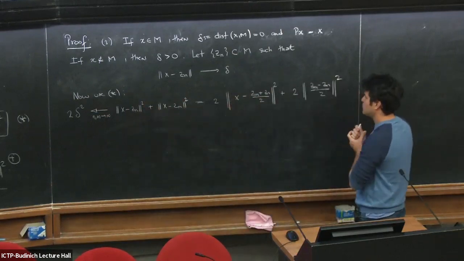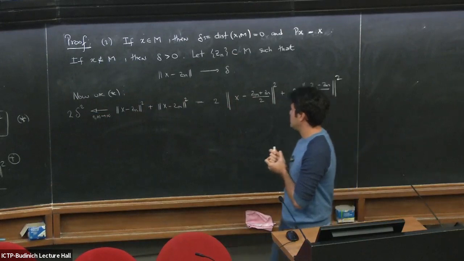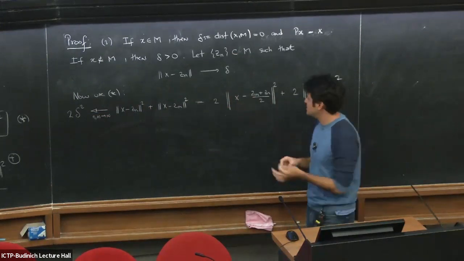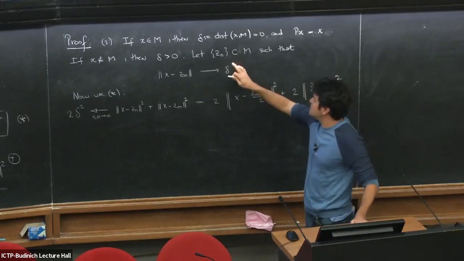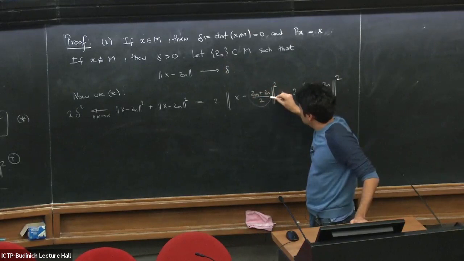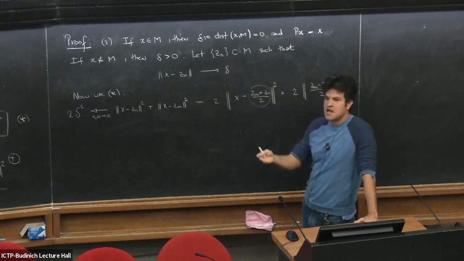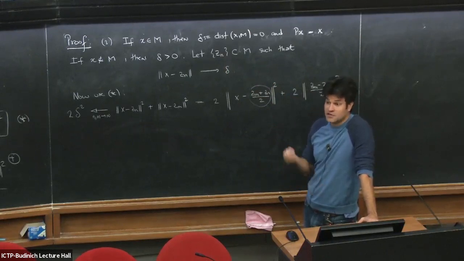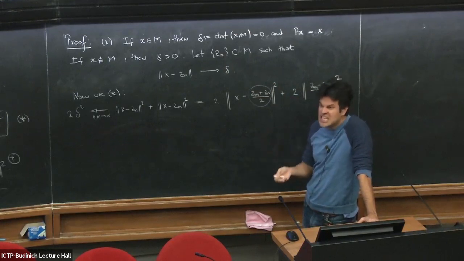On the other hand, the right-hand side, I'm just going to use the fact that if Zn and Zm are points in the space, Zm plus Zn over 2 is also a point in the subspace. I'm using the fact that it is a subspace. For this argument to work, I didn't actually need a proper subspace.